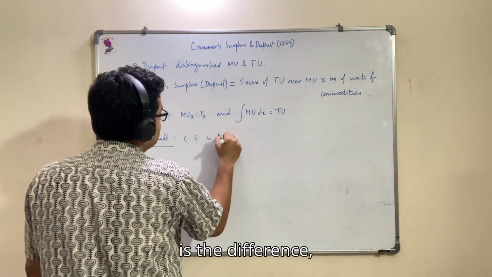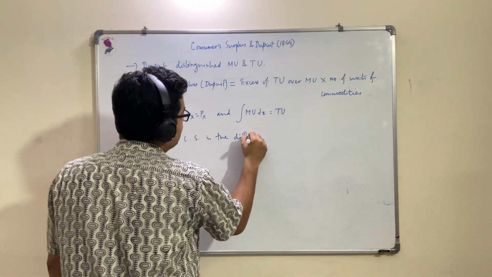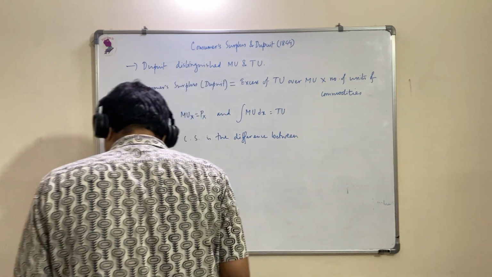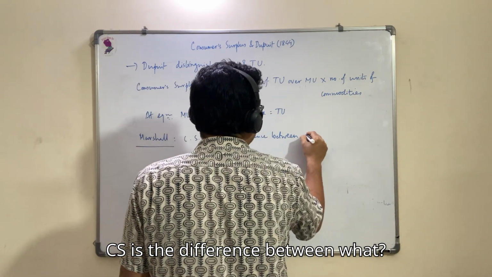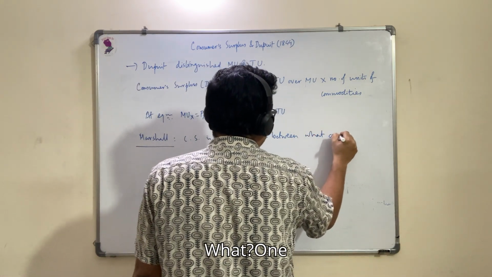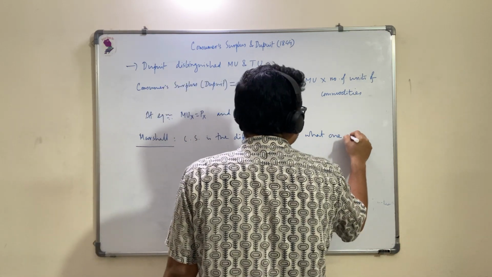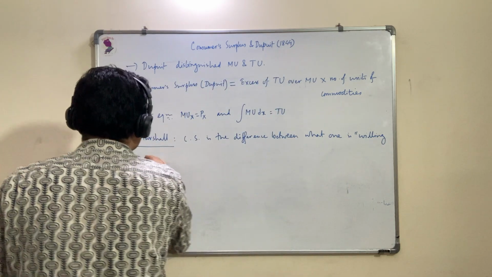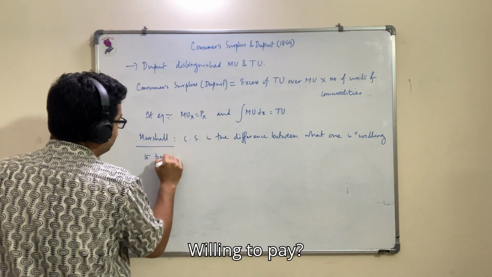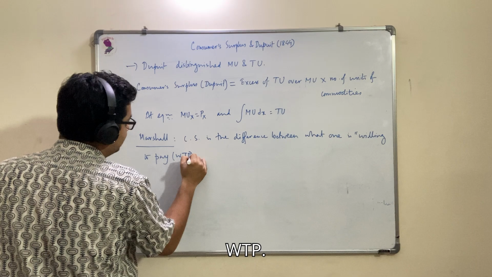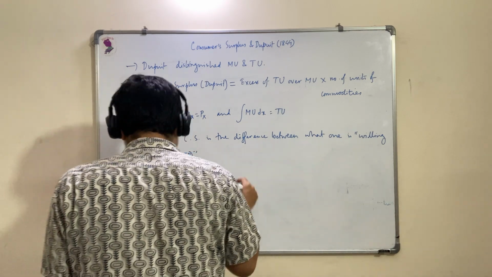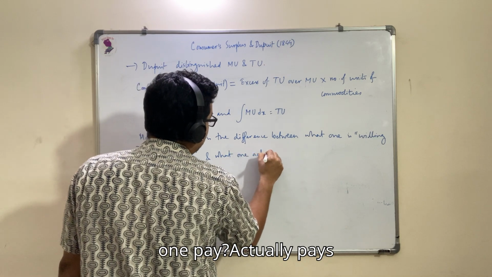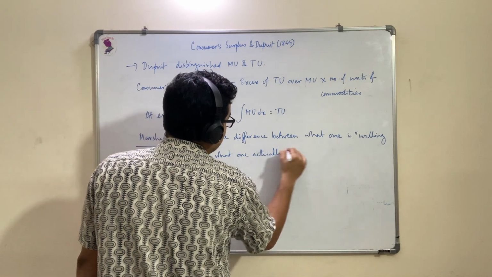CS is the difference between what one is willing to pay, WTP, and what one actually pays.